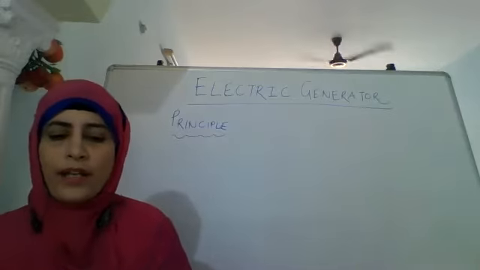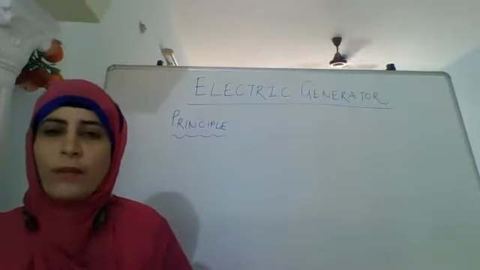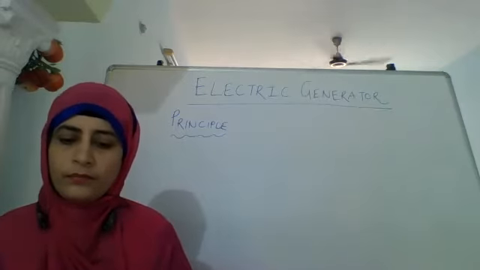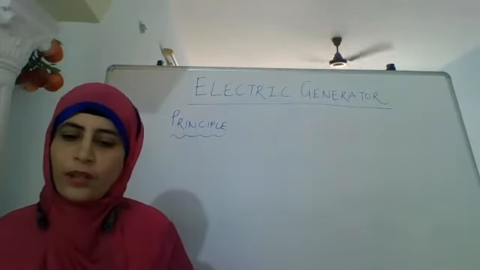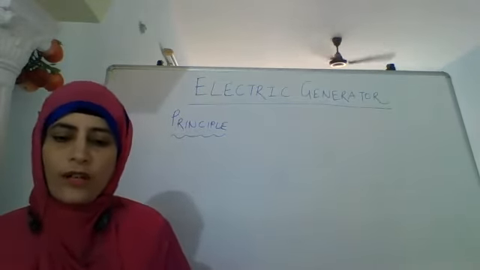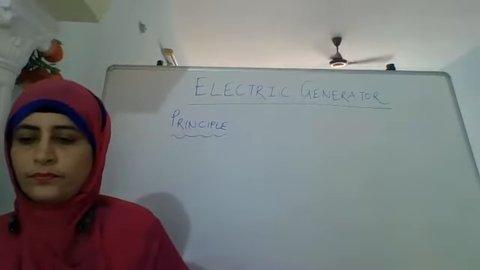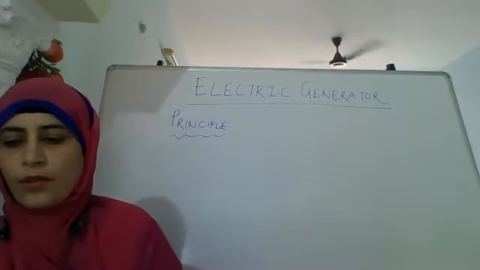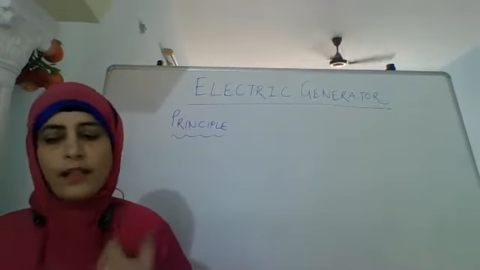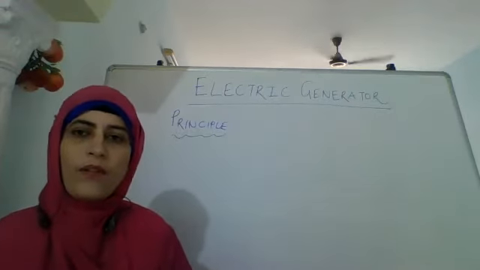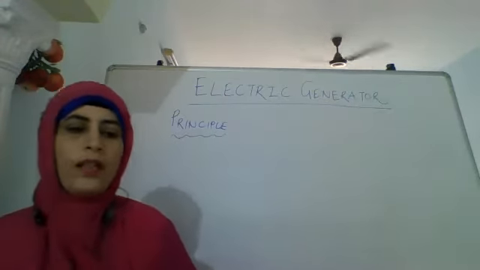Have you drawn it first? First of all, draw the diagram. Draw the diagram of the electric generator. Then we will write something about it, define it, and then we'll write the principle, then the types of generator, and then its construction and working.